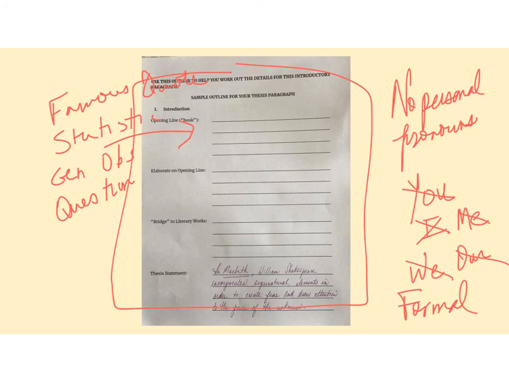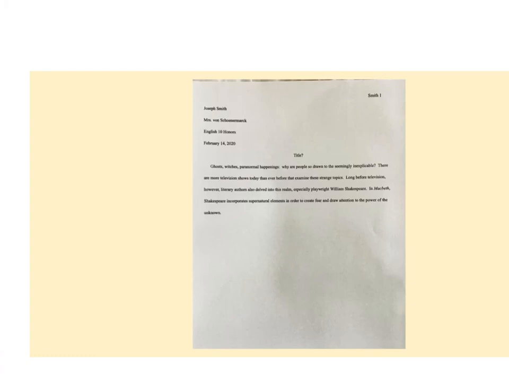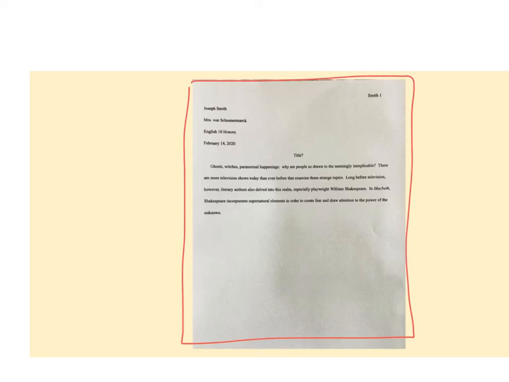Now, the grand pièce de résistance, the final masterpiece, will be a typewritten page just like this. You'll have your last name in the corner with number 1, because that's page 1. The heading is always the same. It's going to be your last name, my name, English 10 honors, and the due date. You don't have to have a title right now, so you can just hold the place if you want with the word title and a question mark.